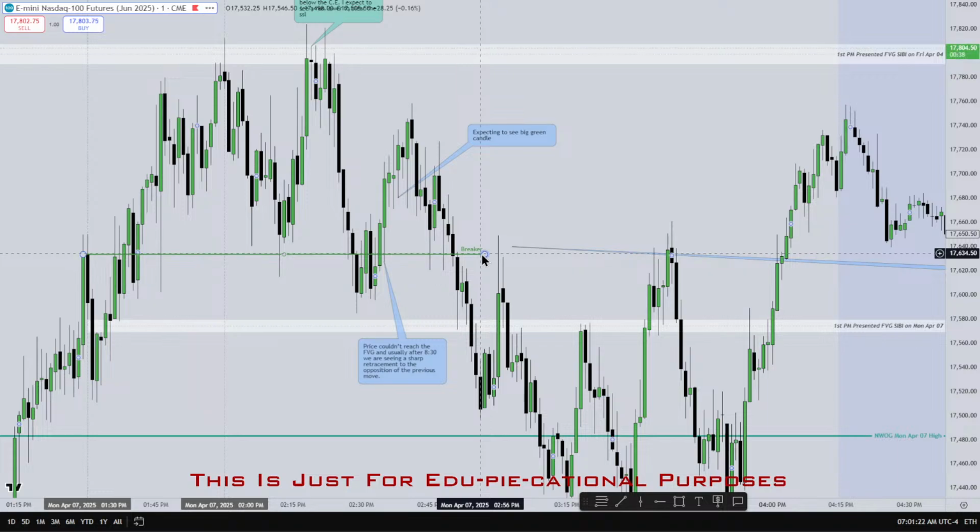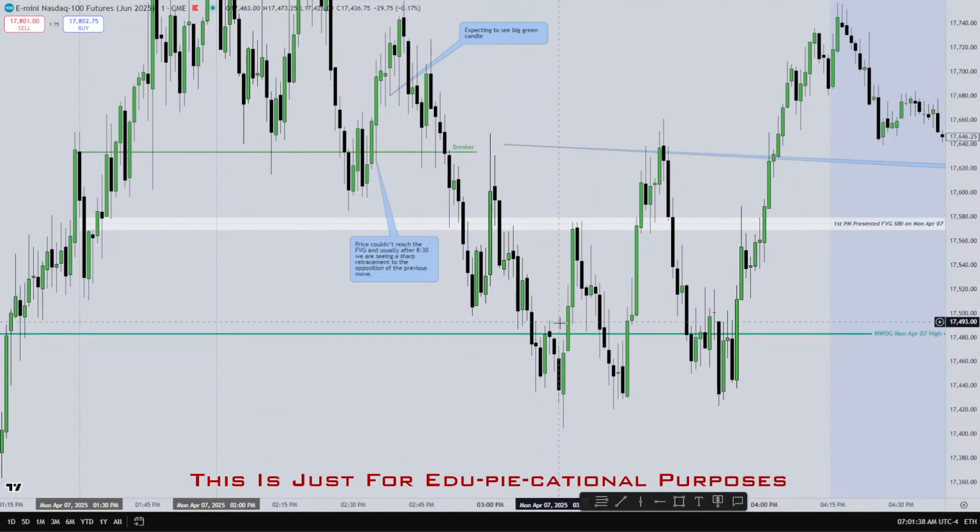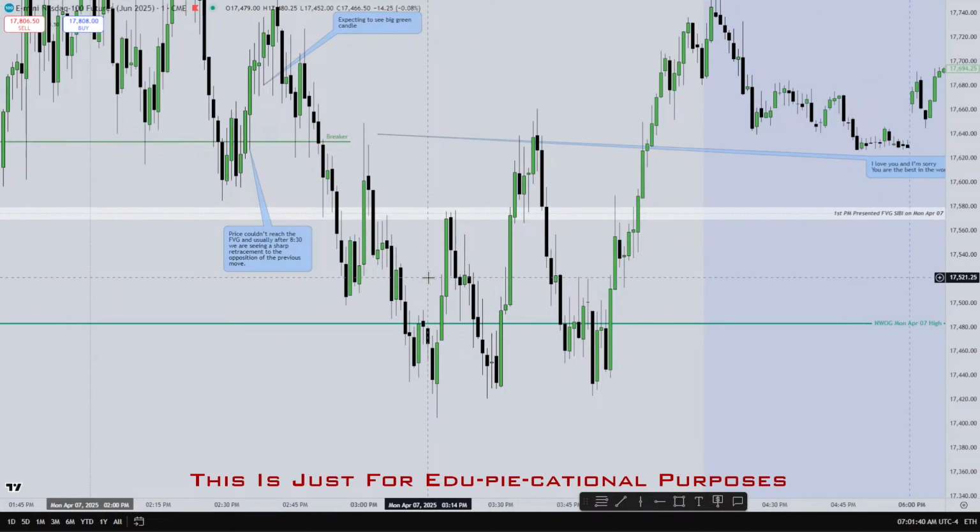It reverses and has inverted its role. At 3 p.m. we have a pullback all the way up to this breaker, and from this breaker you can see the market going lower, lower, lower till it reaches 360.